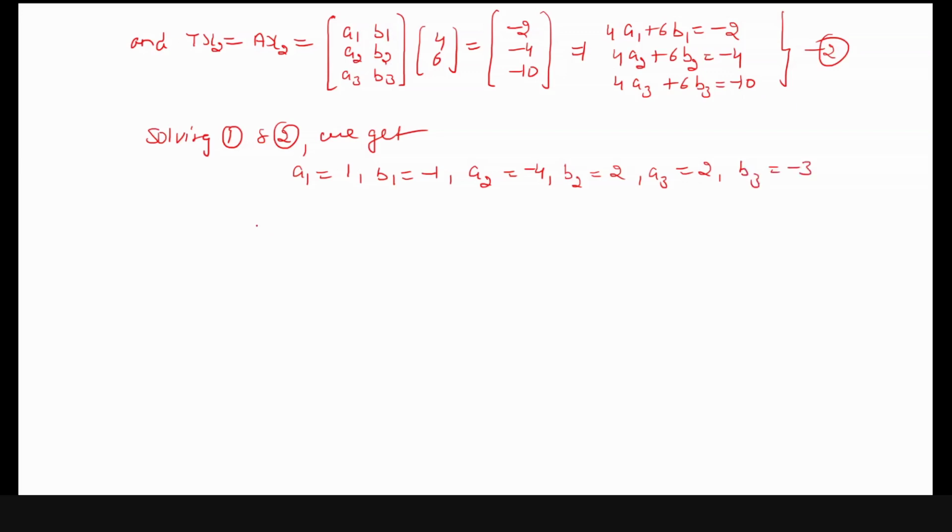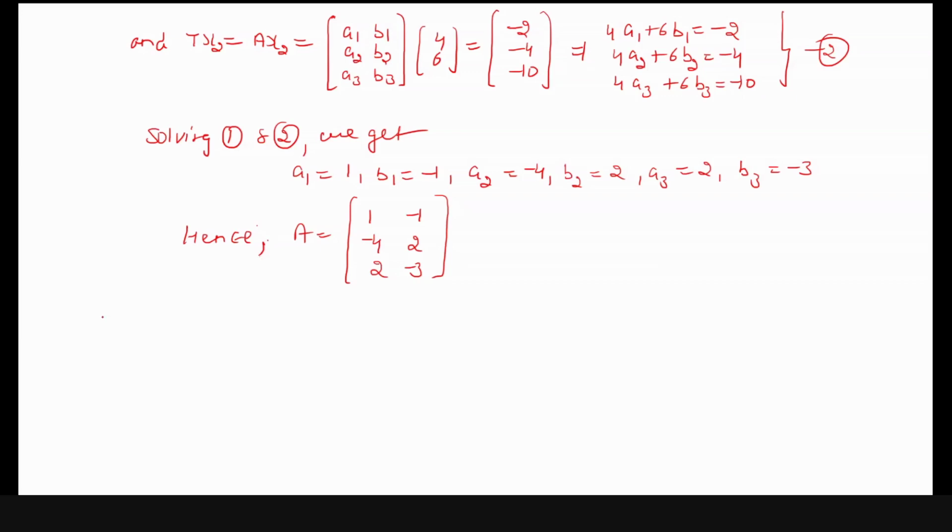Okay, so therefore the matrix A is equal to [1 -1; -4 2; 2 -3]. So this is the matrix of the linear transformation T. Hence, A is equal to this. Okay, so I hope it's clear to you.